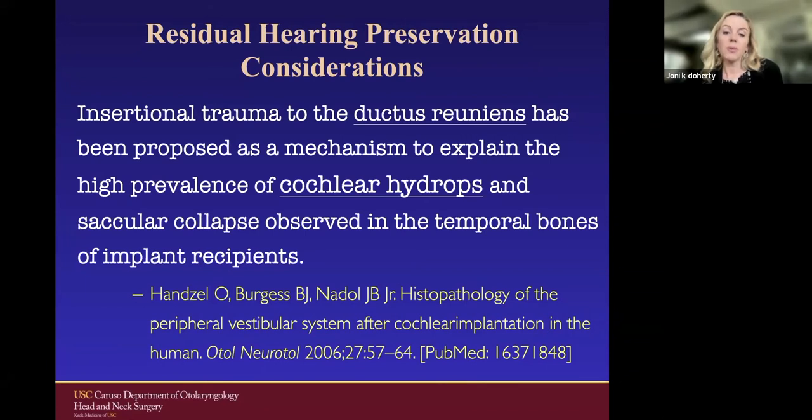And it had been proposed that insertional trauma to the ductus reuniens is a mechanism to explain the high prevalence of cochlear hydrops that we see in cochlear implant recipients. And this has been proposed to lead to the low frequency hearing loss in patients with residual low frequency hearing at the time of implantation.